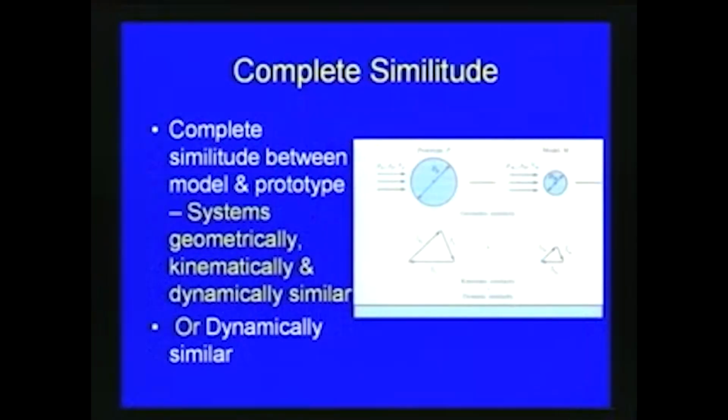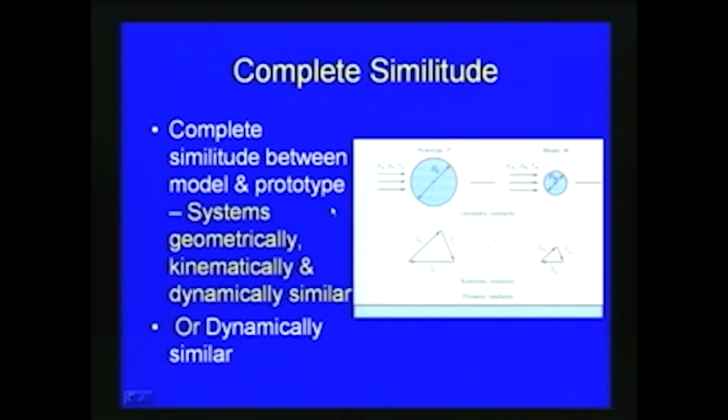Now, when we discuss similitude in the modeling, we say that a complete similitude between the model and prototype is met whenever we consider geometric similarity, kinematic similarity, and dynamic similarity. So, whenever the system is geometrically, kinematically, and dynamically similar, we say that complete similitude is achieved with respect to the prototype and the model.